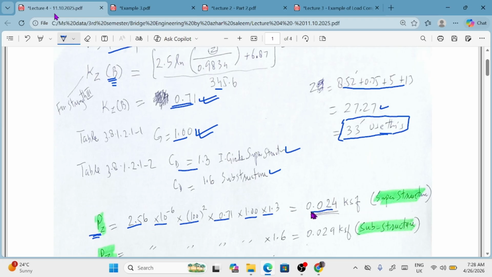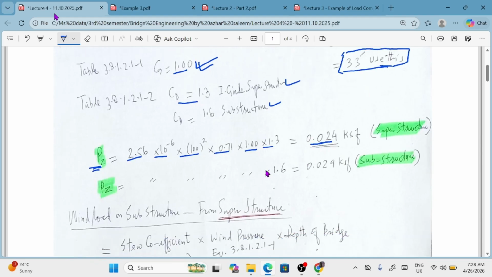So for the superstructure, the pressure is 0.024 kips per square feet, and only this value is changed for the substructure. All other values will be the same, so 1.6 is the change from the above. So for the substructure it is 0.029 kip per square feet.